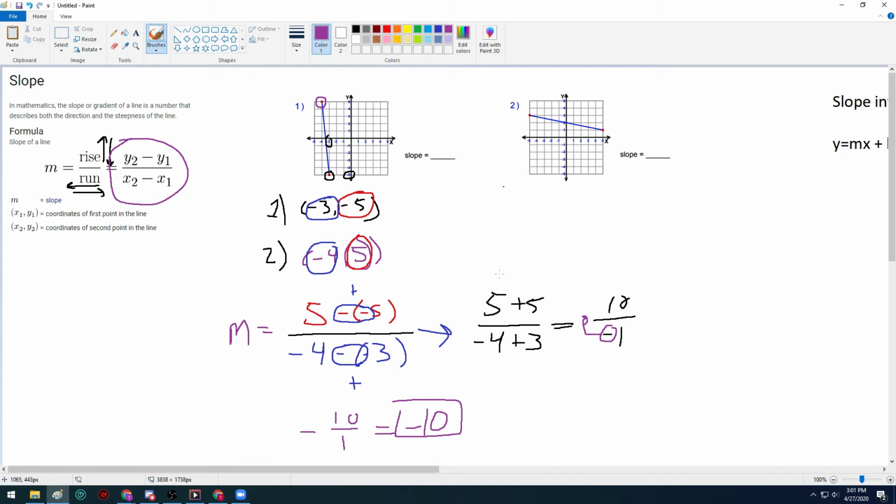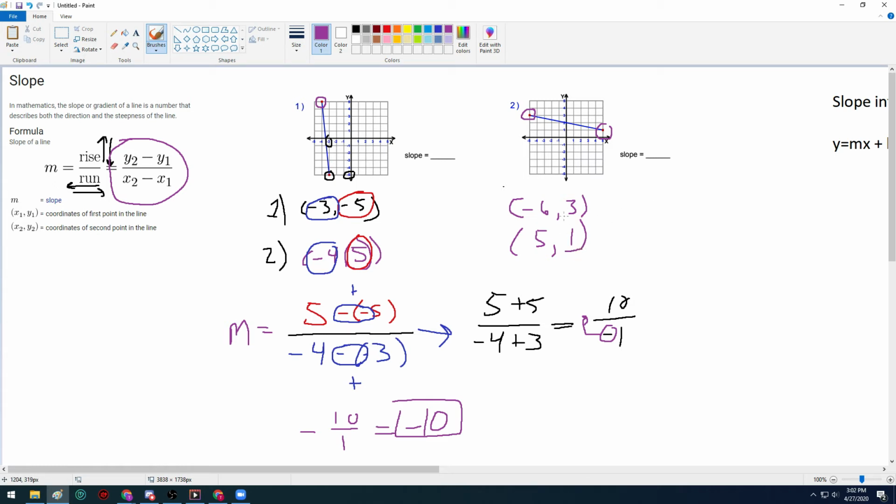Let's try another one. Let's try example number 2 here. Our first point is on the x-axis, -6, and on the y-axis, it is +3. For our second one, we know our x value is 5, and our y value is 1. So let's set up our problem again.